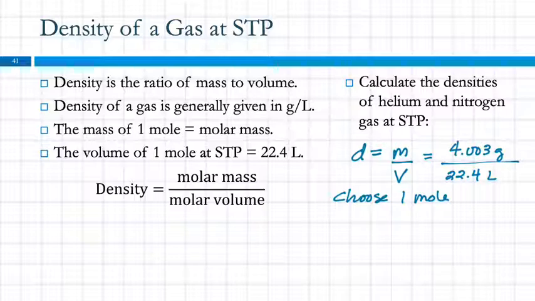So 4.003 divided by 22.4. So the density for helium is going to be 0.1787 grams per liter.